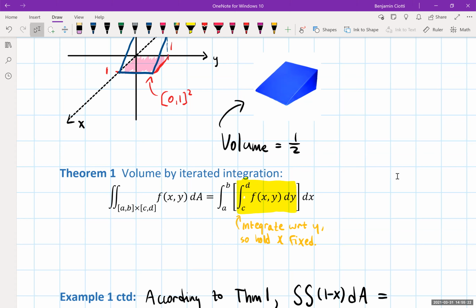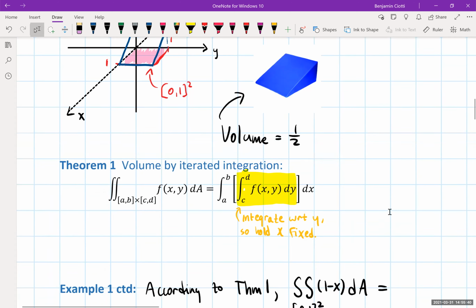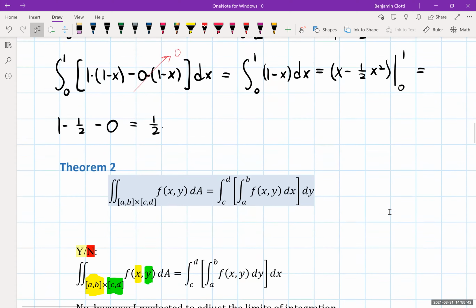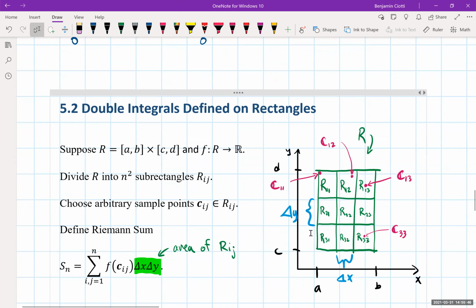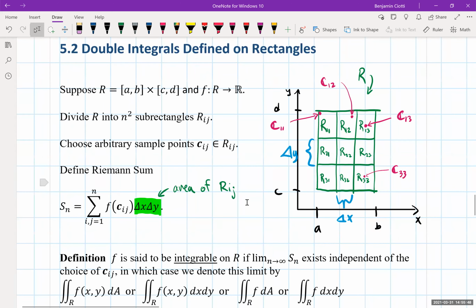What's the definition of a double integral? We said it's the volume beneath the surface, when the function is positive. I never said what it was when the function was negative. It was only after I introduced the Riemann sum definition that we're allowing functions to be negative.